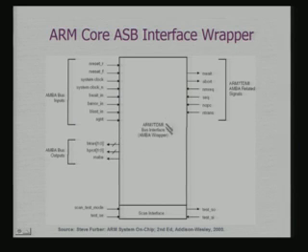Here is an example of a bus interface, which is nothing but an AMBA wrapper. It is wrapping the basic CPU. What we are looking at are the AMBA bus inputs and the AMBA bus outputs, and this is primarily with relation to the ASB interface. You will find some difference in the signals with respect to the AHB signals that we had discussed earlier.